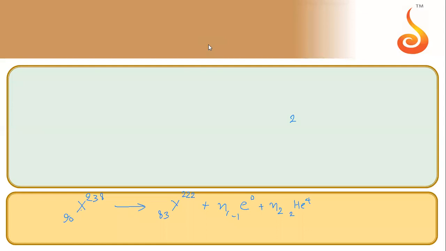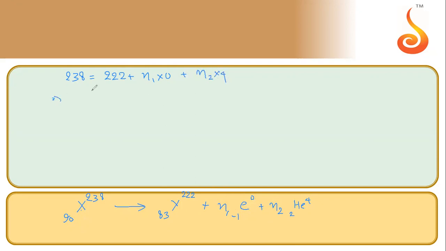So in that case, 238 will be equal to the total mass number on the right hand side of the equation, that is 222 plus n1 beta particles, but atomic mass number is 0, plus n2 into 4.